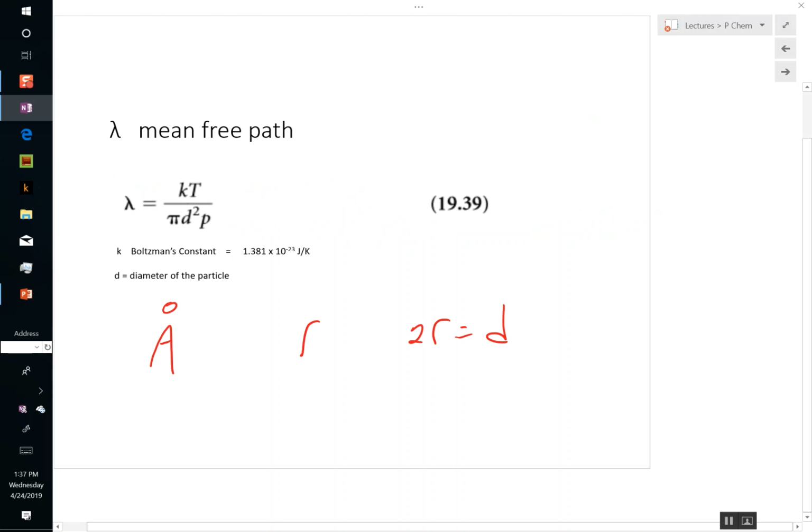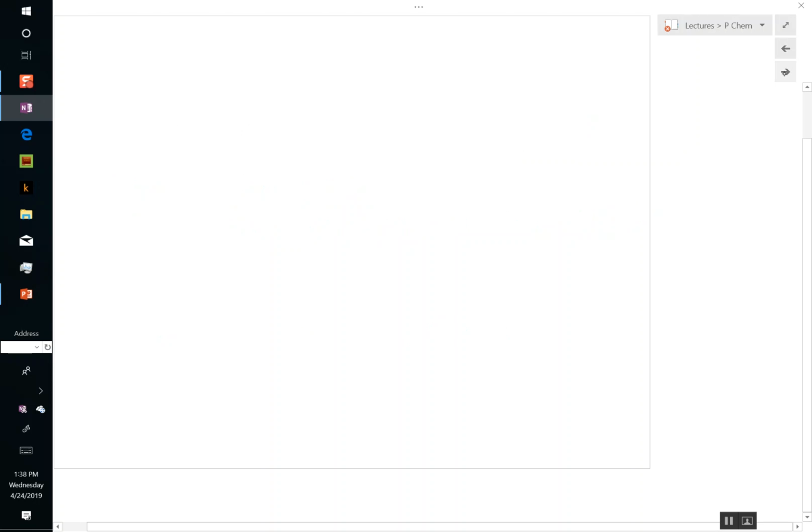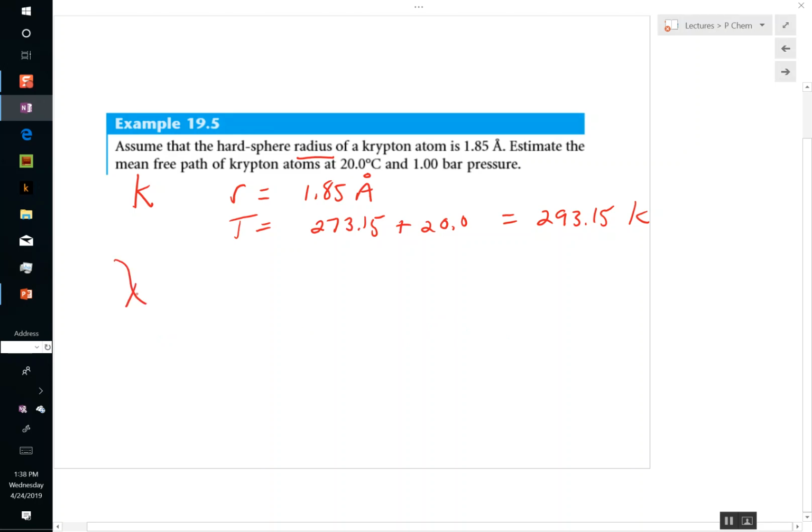Lambda equals kT over pi d squared p. Pressure, again, should be converted.